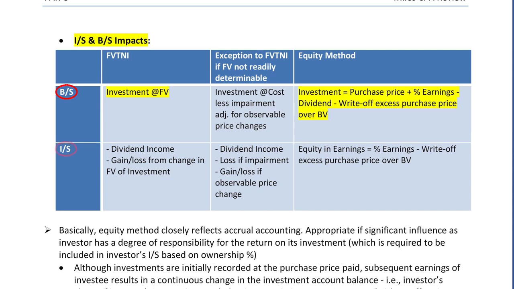Next, circle income statement. So under the fair value through net income, on the income statement, we have highlight dividend income and highlight gain or loss from a change in the fair value of investment. So if the fair value of the investment increases, that's a gain on the income statement. If the fair value of the investment goes down, that's a loss on the income statement under the fair value through net income method.